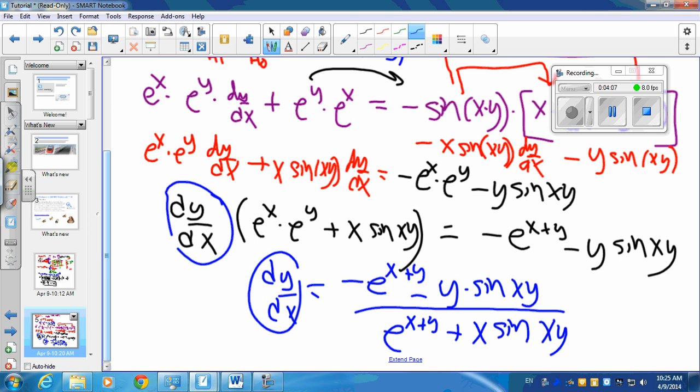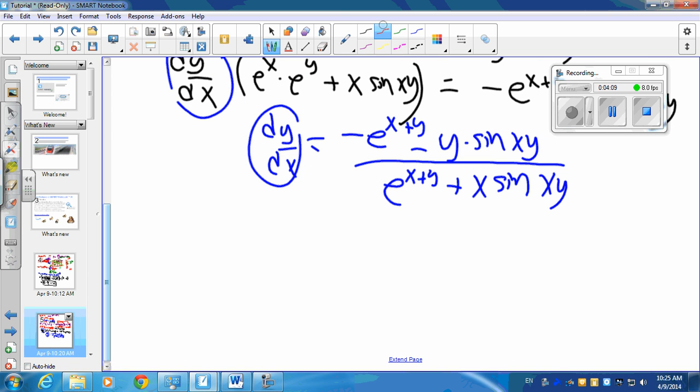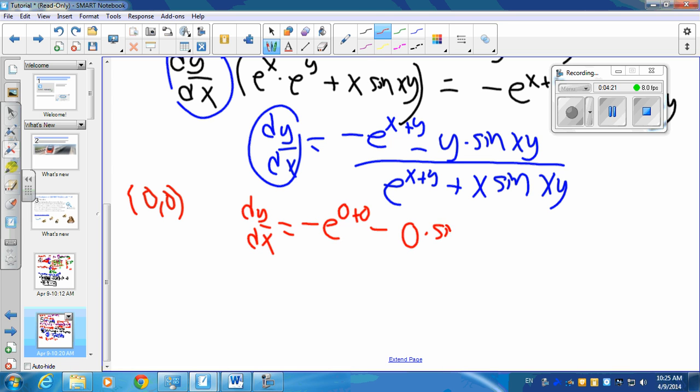So now we're going to analyze the slope for the two different points. The first one is 0, 0, my favorite. dy dx is equal to negative e to the 0 plus 0 minus 0 times the sine of 0 times 0, over e to the 0 plus 0 times sine of 0 times 0.